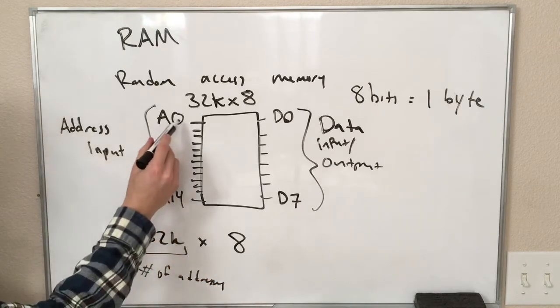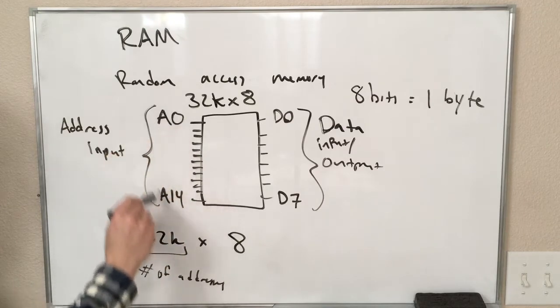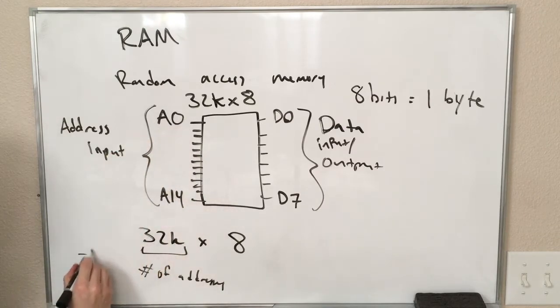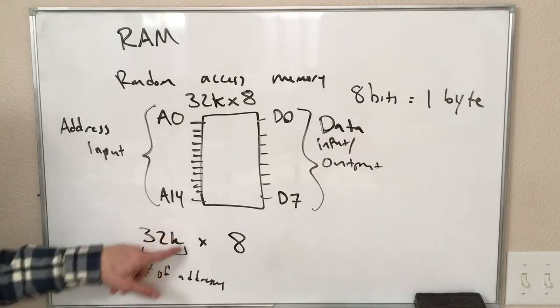With 15 bits of input here, we can have 2 to the 15 different places to store data. So that is this 32,000.